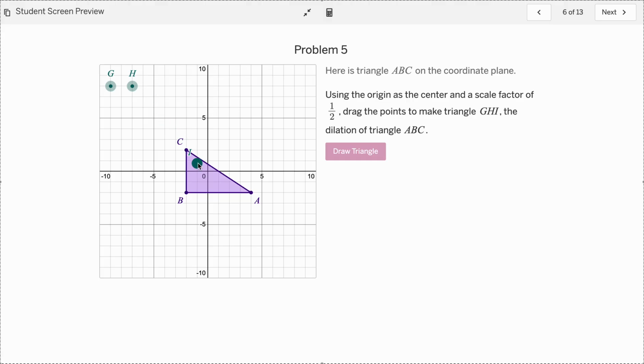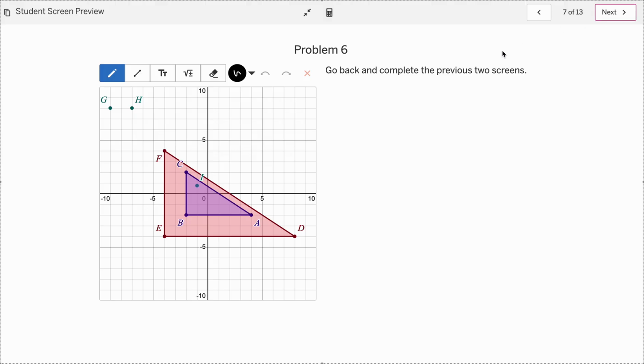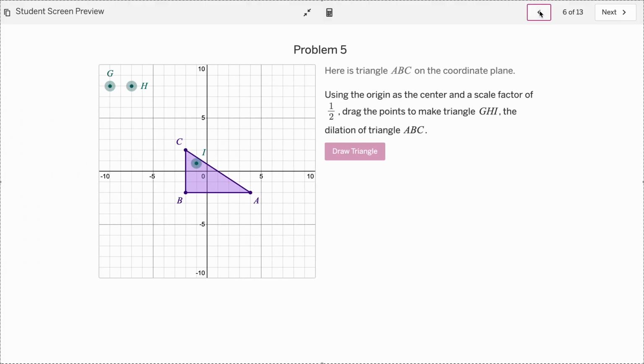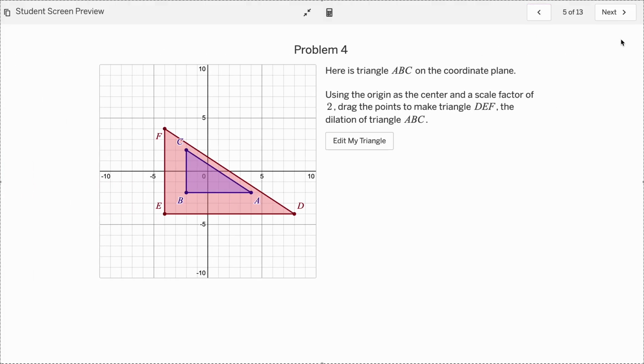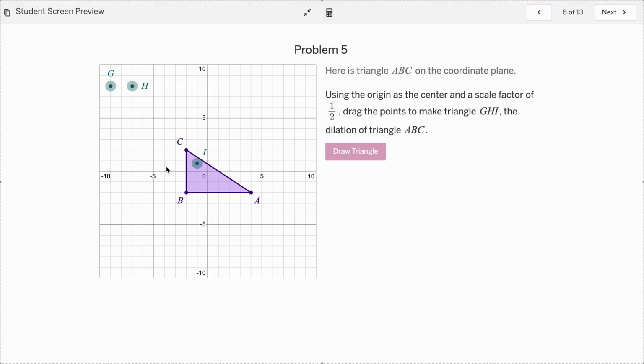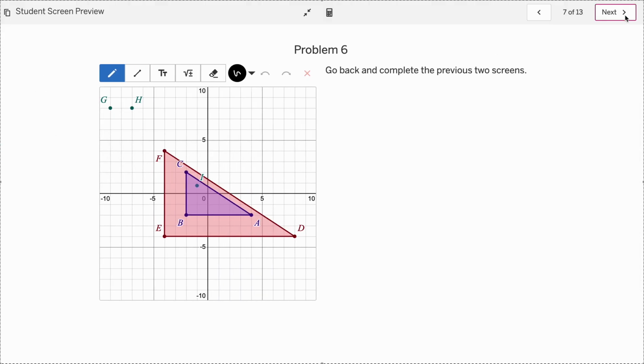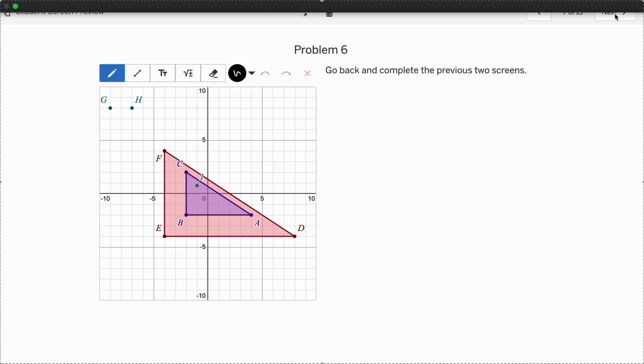Now I'm not going to do the other 2 because I think that you can solve it if I give you at least that much. Okay, go back and complete the previous 2 screens. Well, I've completed this one, so I'm not going to do that one. You can finish this one, so I'm going to let you figure out this one, okay?